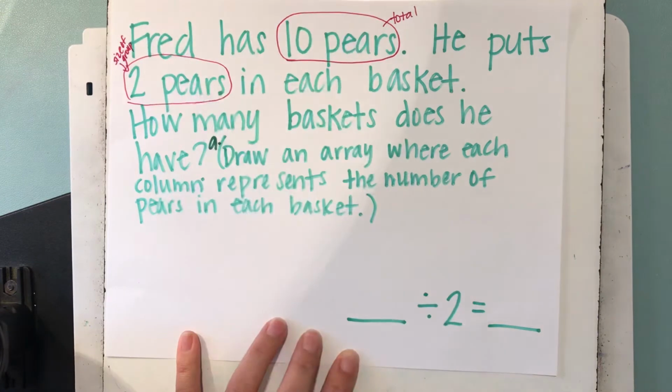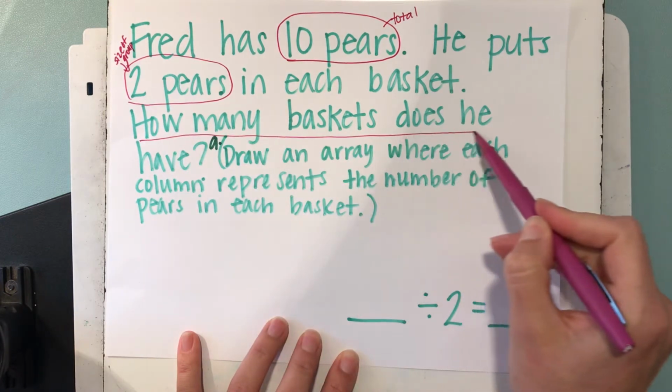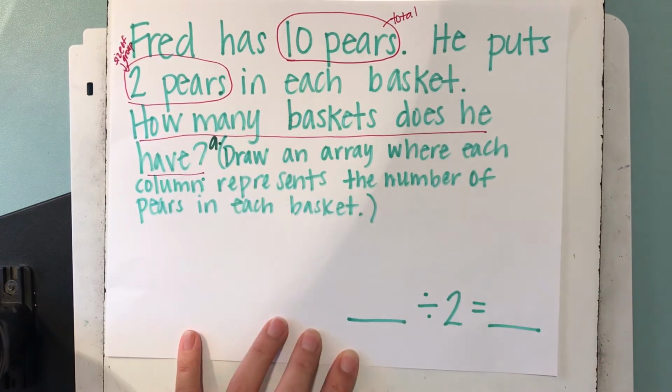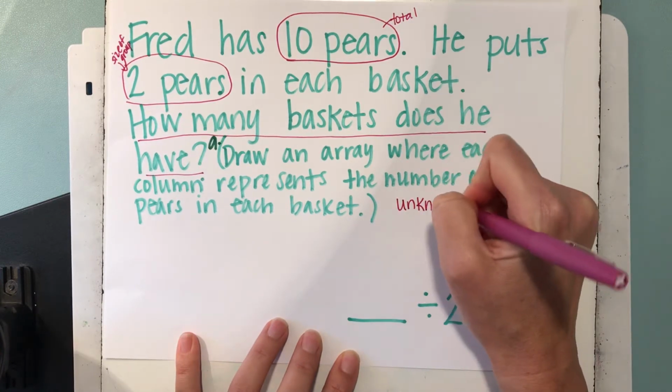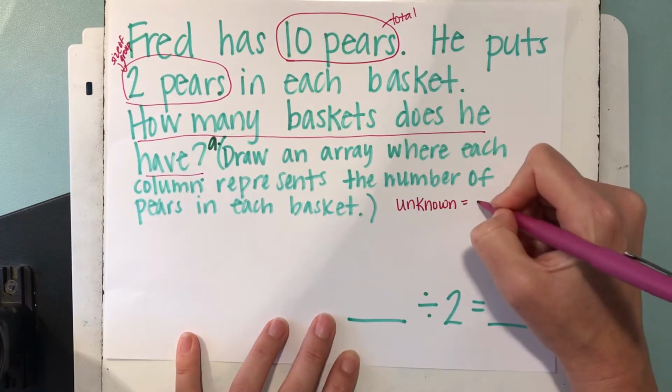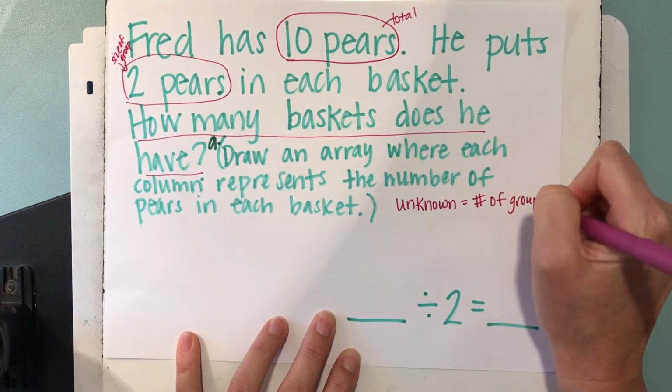So that must mean we don't know the number of groups. Let's see. How many baskets does he have? Ooh, yes. So that's what we need. The unknown here is that we need to figure out the number of groups or the number of baskets.